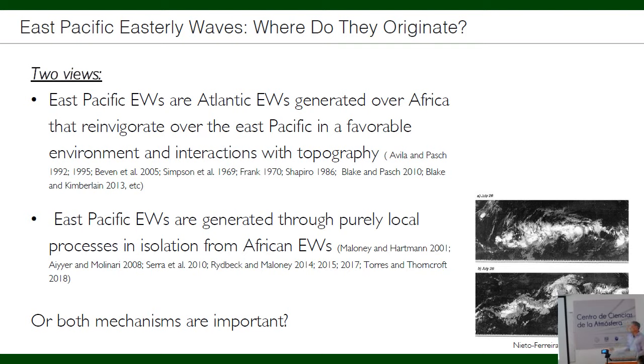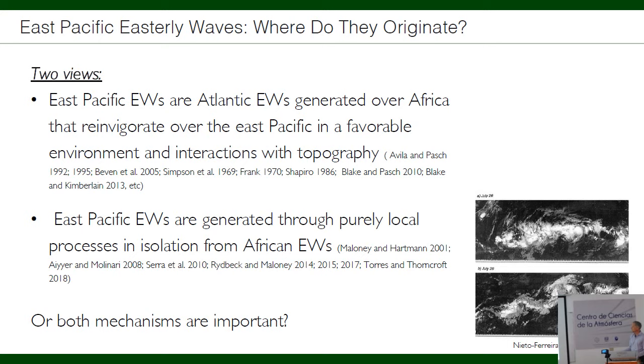Another view that I'm going to talk more about here today, which I'm a little bit more favorable for, is that East Pacific easterly waves can be generated through purely local processes, in isolation from what's occurring over Africa and parts of the eastern Atlantic. I've done some work on this, starting from my PhD research at the University of Washington with Dennis Hartman back in 2001.